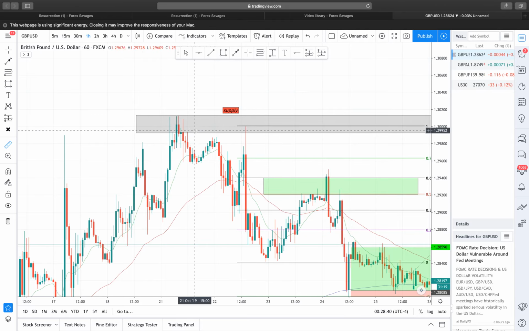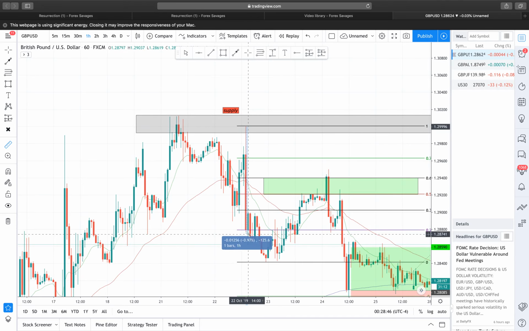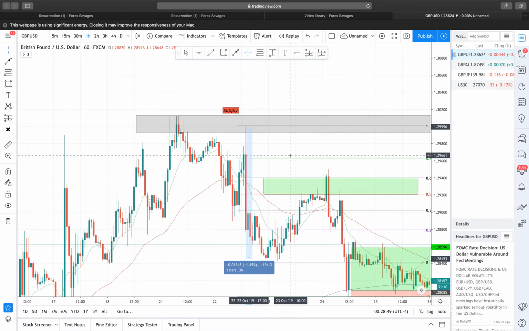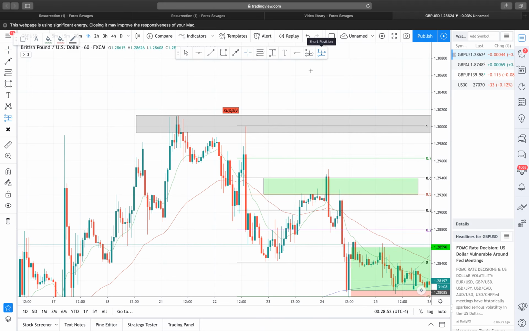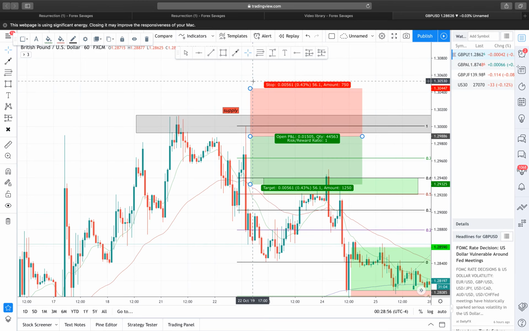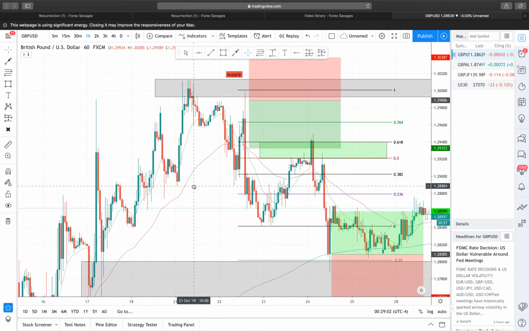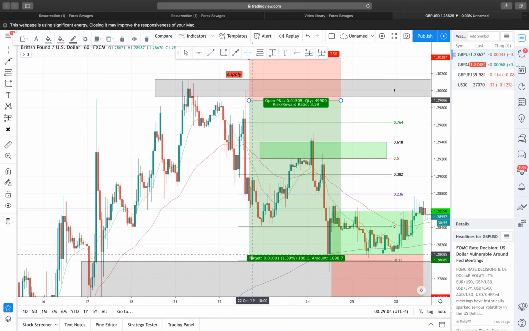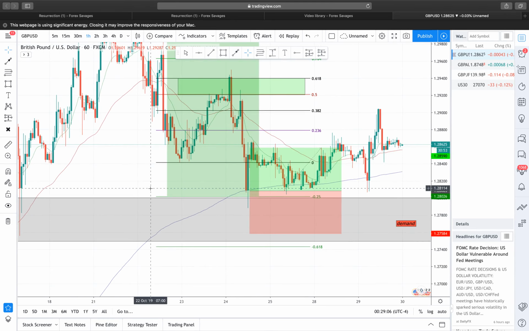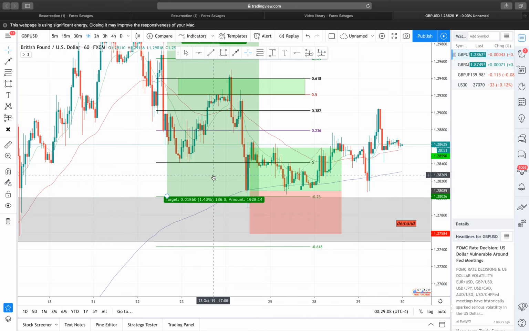So right here we had a rejection, and we just flooded 100 plus pips, 150 plus pips. If you would have sold the minute this started rejecting, with our 40 to 50 pip stop on this scalp with our 1.1 ratio, you could have ridden this down to our other zone, which would be our demand zone, for 186 pips.